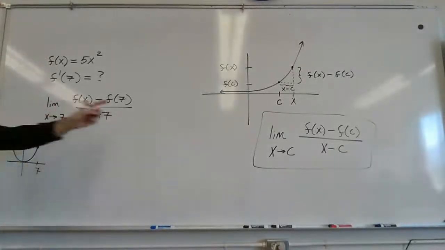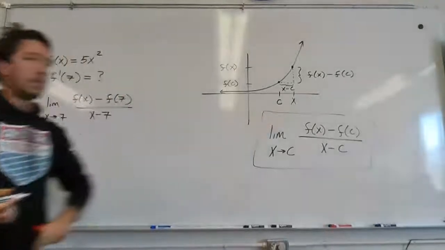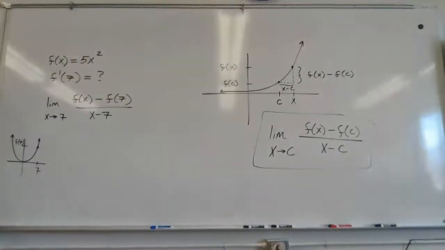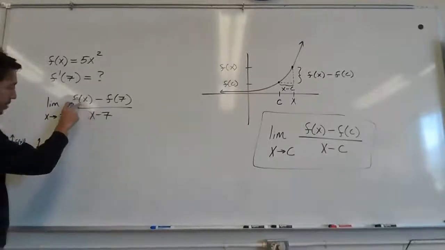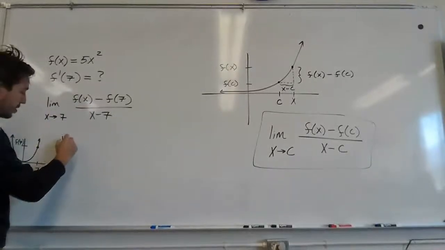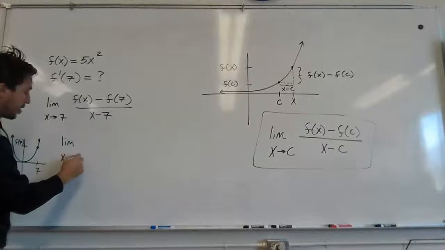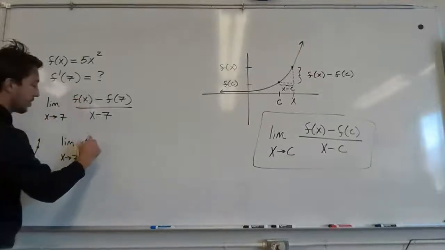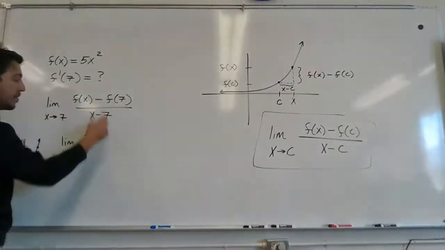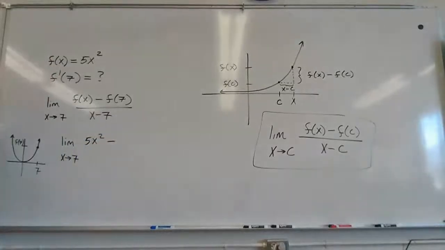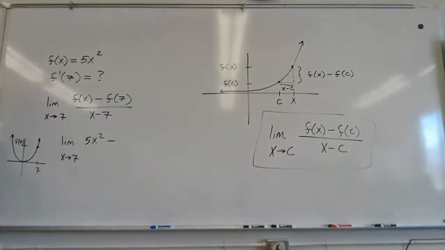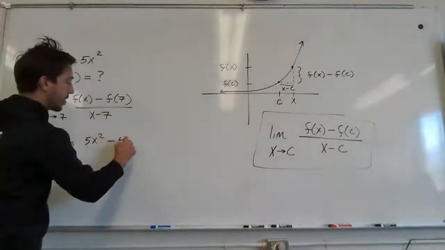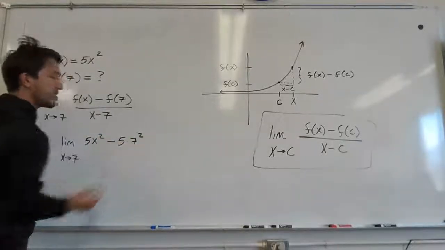So in this case, my c value, c for care, is what I care about. Okay, so this is the limit as x approaches 7. f of x is 5x squared. f of 7 I'm going to write like this: 5 times 7 squared.